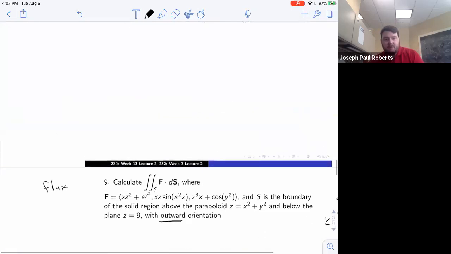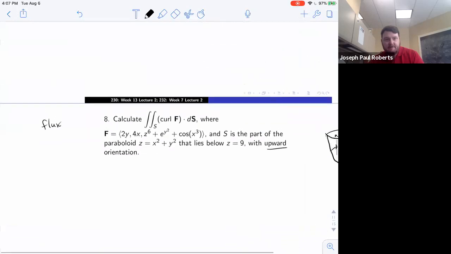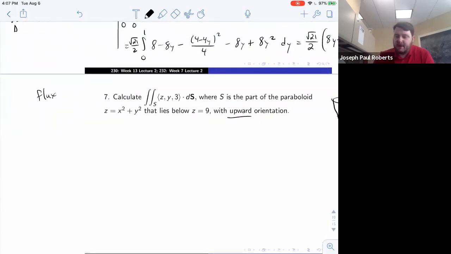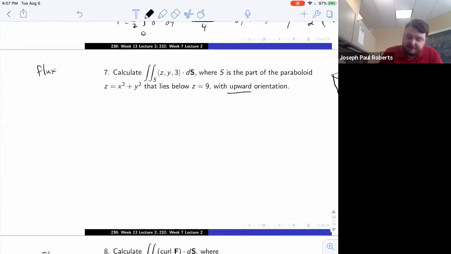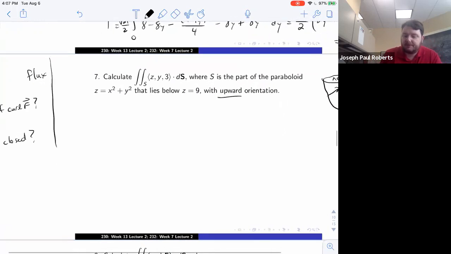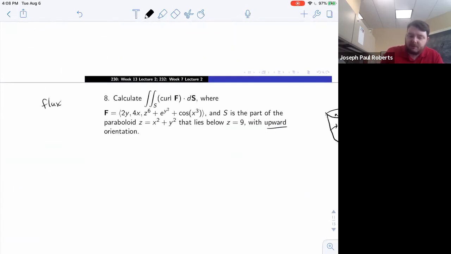Okay, so these are all flux questions, like we said. So what do we ask ourselves for flux? Is it the flux of curl F? Is our surface closed?